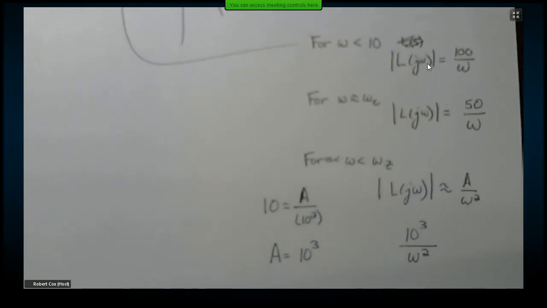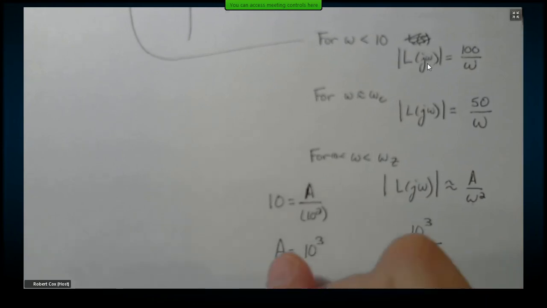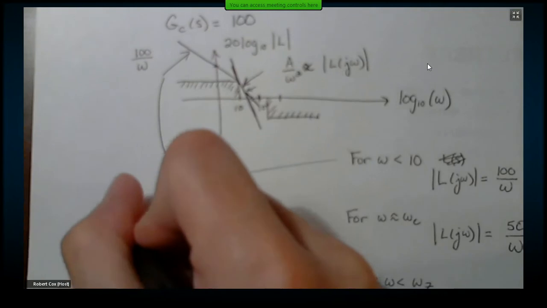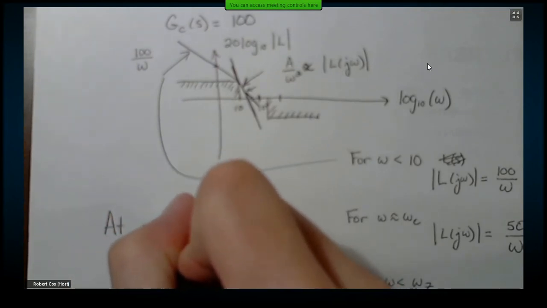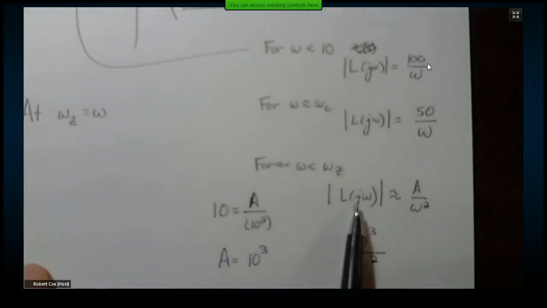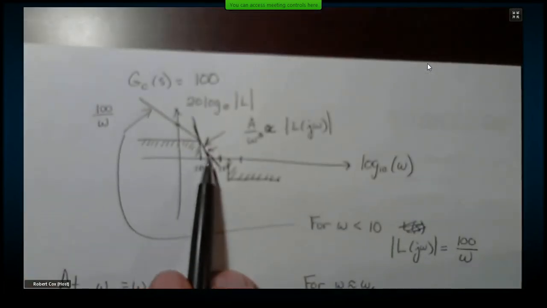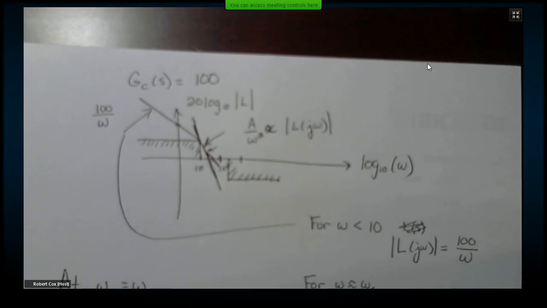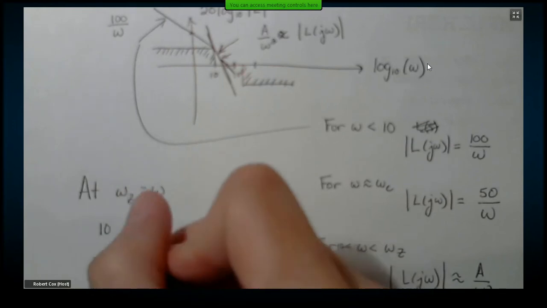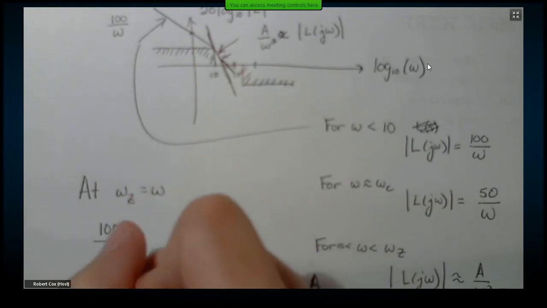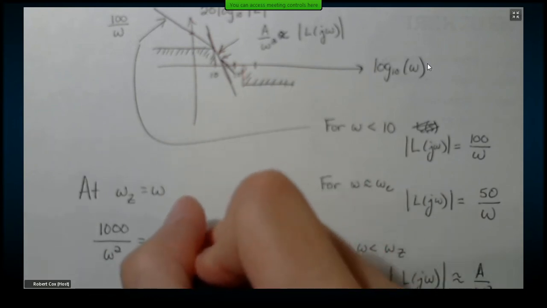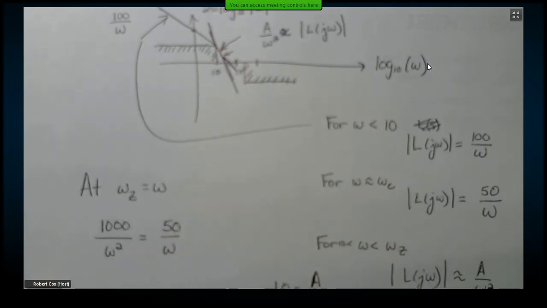So now I can figure out where the 0 needs to be because I know that at the 0 location, so at omega z equal to omega, this asymptote right here and this asymptote that I have a crossover must meet. So in other words, at that particular frequency, I have 1,000 divided by omega squared is equal to 50 over omega.